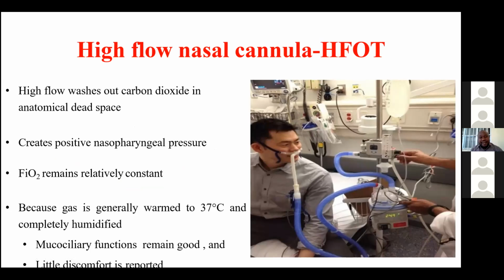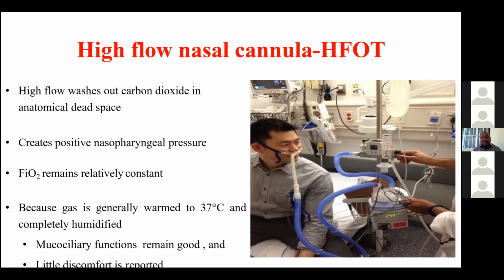This is the high flow nasal cannula, also called high flow oxygen therapy. As you see, in COVID centers here in Rwanda, we have this machine, or this device, used when we fail on the non-rebreather mask and want to escalate to high flow. But it is less used, maybe because it is not really routine in our practice.